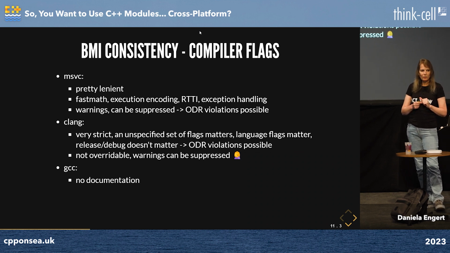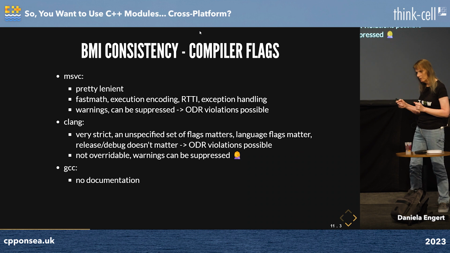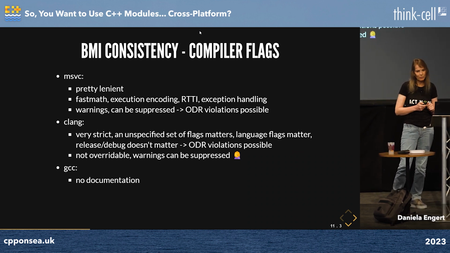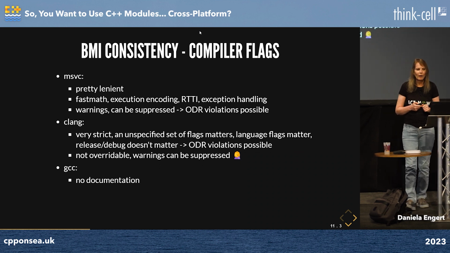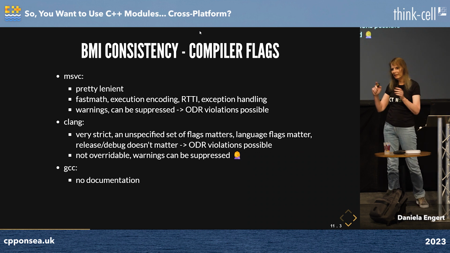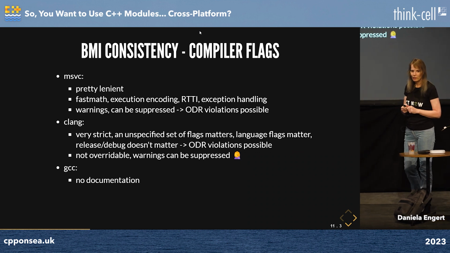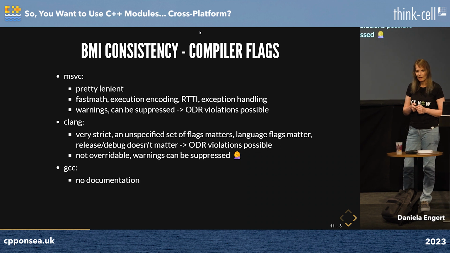As far as I know, GCC doesn't provide any means to make sure that your BMIs that you've compiled are actually usable from the importers of a module, but Clang and MSVC do. MSVC is a little bit more lenient. It will give you warnings. You can ignore them, but then you should really know what you do. Clang, on the other hand, is really strict on that.